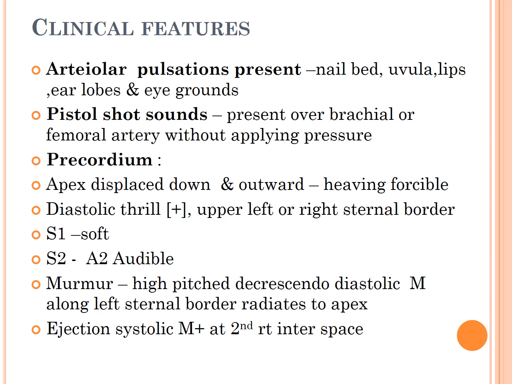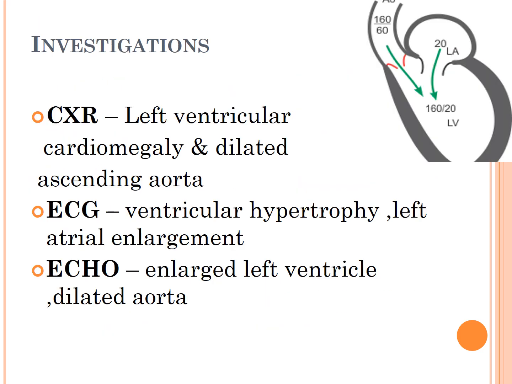You can get a diastolic thrill in the upper left or right sternal border. First sound is soft, second sound is hard, A2 is audible. Murmur: you get a high pitched decrescendo diastolic murmur along the left sternal border which radiates to the apex. Ejection systolic murmur is present at the second right intercostal space.